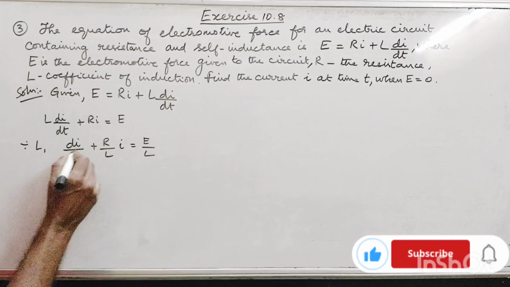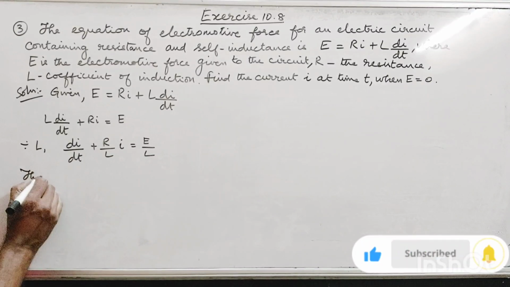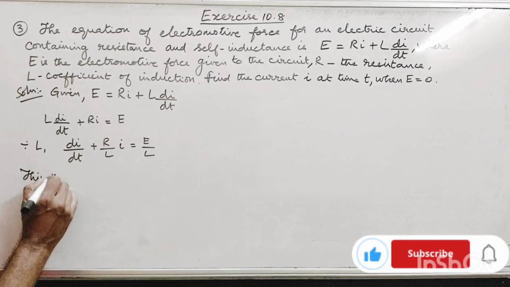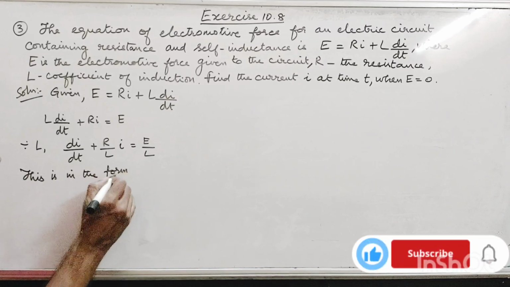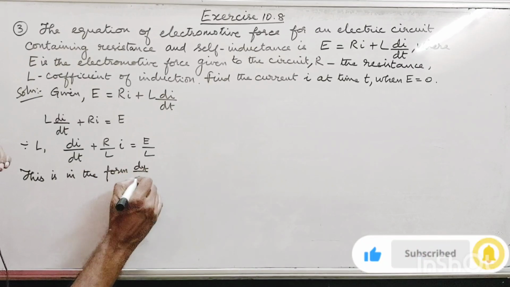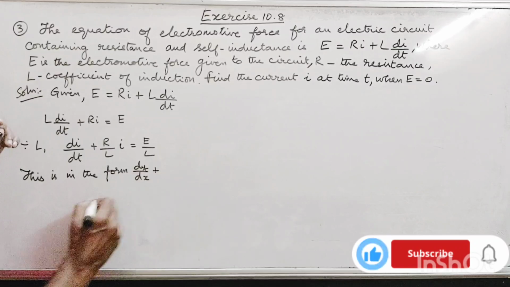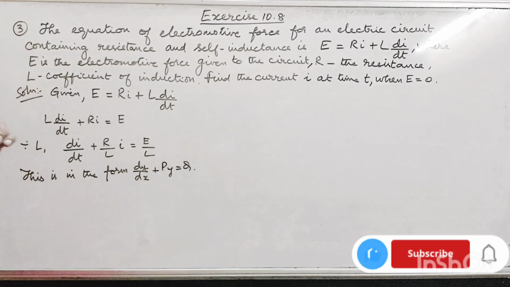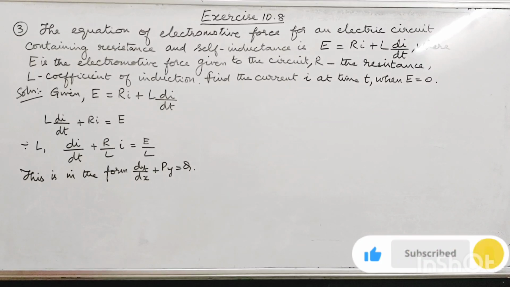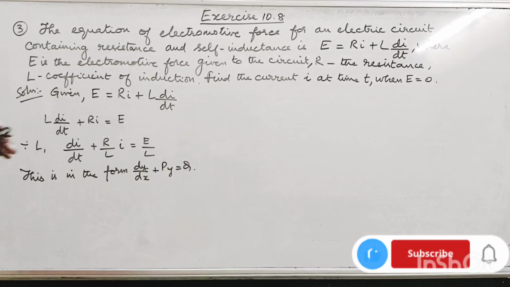Because this is a differential equation in the form dy by dx plus Py is equal to Q. So this is in the form of a differential equation like this.